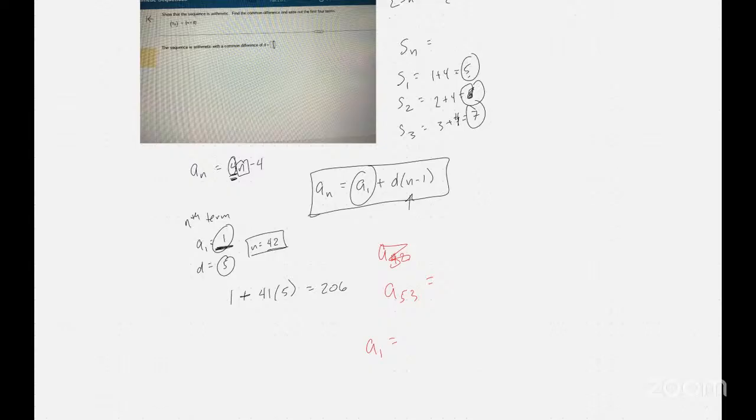That's what they were doing for some reason. I don't know why. And then they're substituting the n value in.